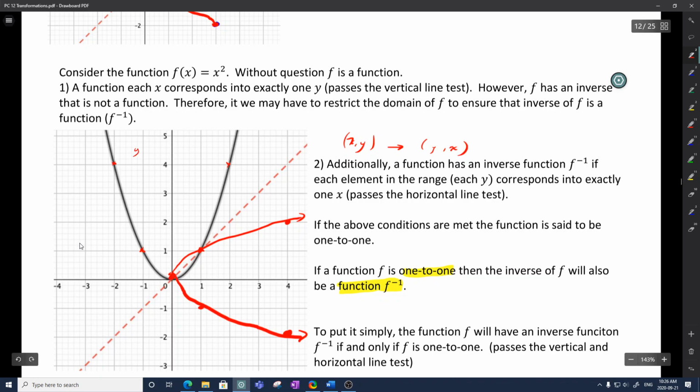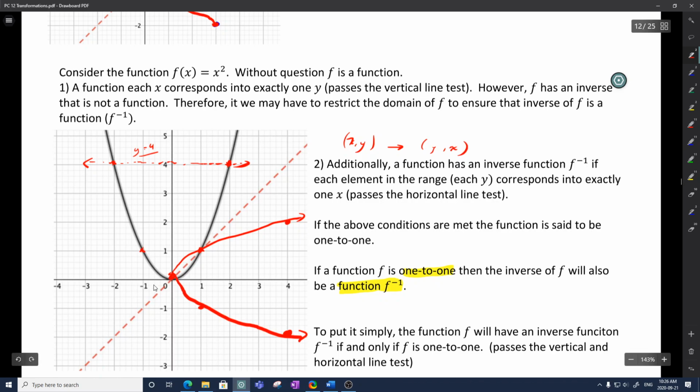Considering here y equals 4, what we see along this line would be a horizontal line. Well, what's wrong with this? For a given y value, like y equals 4, we have two possible x values. So it cannot be one-to-one and will not pass the horizontal line test.